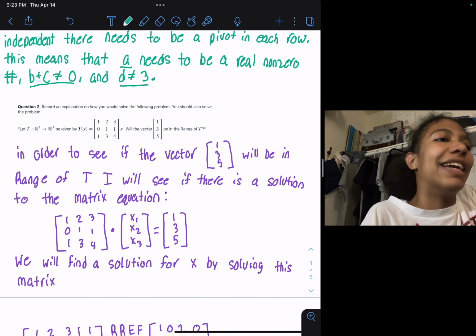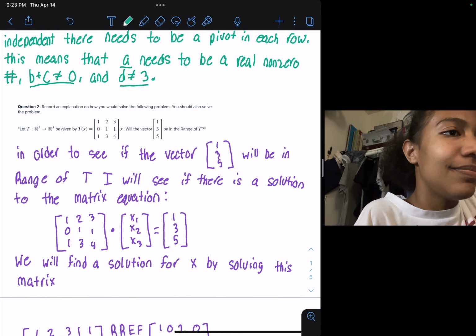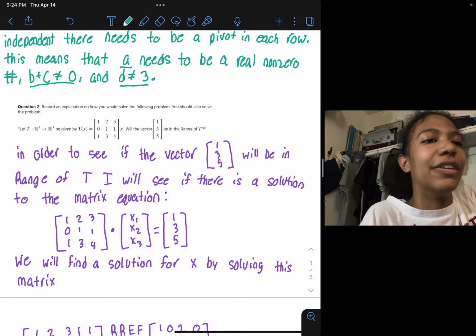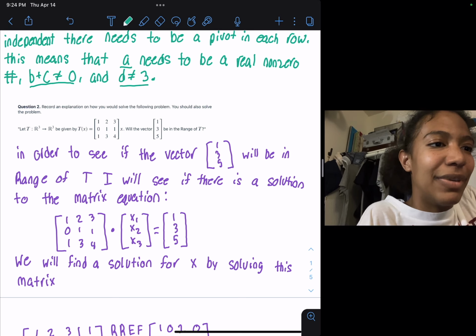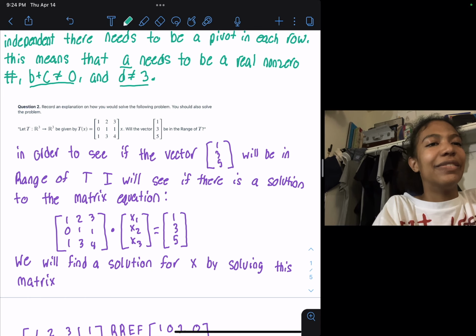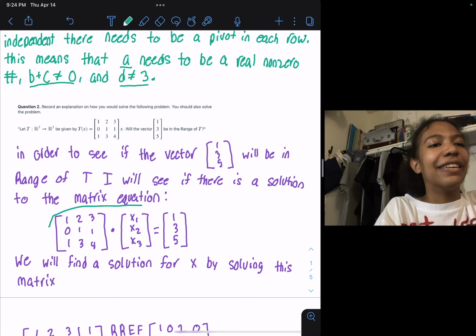Question 2, we need to answer this question. We need to see if this vector is in range of T. In order to see if the vector will be in range of T, there will need to be a solution to this matrix equation right here.